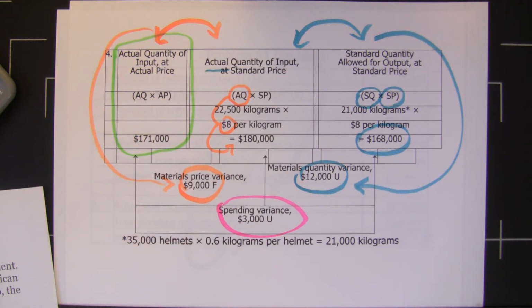They're the three things that we're comparing. Once you get that down and it makes sense to you, you'll do it again and again for all the variances. The only difference between material variance, labor variance and overhead variance is the titles we use. The functions and the formulas are exactly the same.